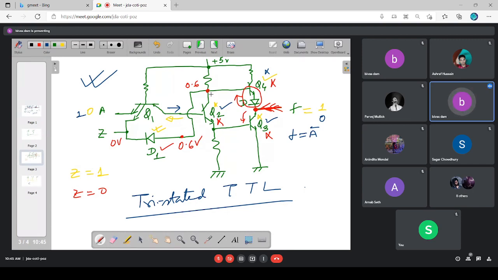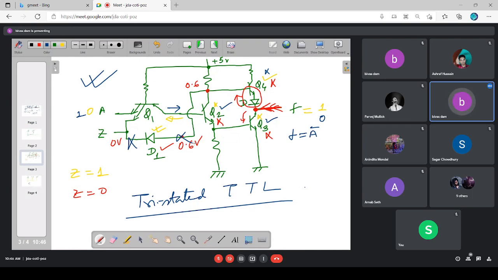In absence of this, that will be one 2-input TTL NAND gate, standard TTL NAND gate. But if this diode is fabricated inside the IC, in that case, that will be no longer your 2-input TTL NAND gate. This should be now one tri-stated TTL inverter.